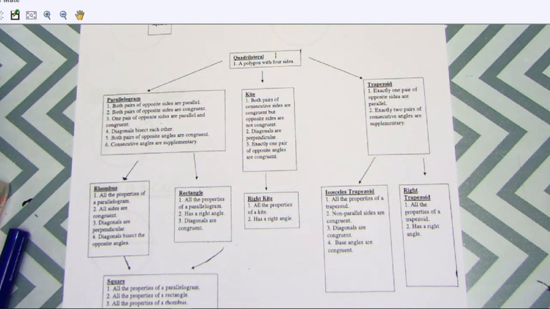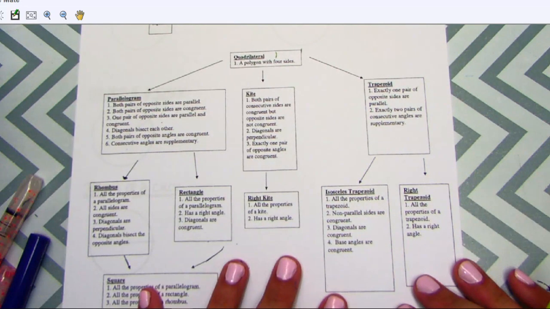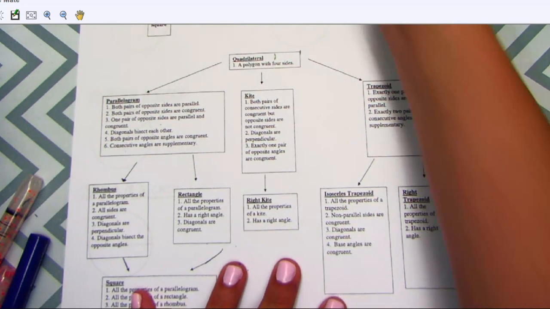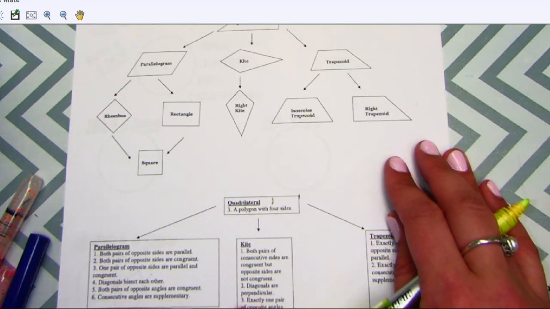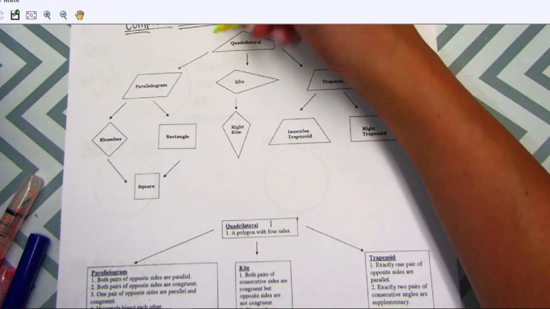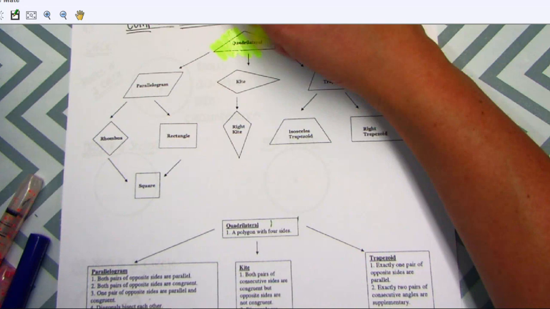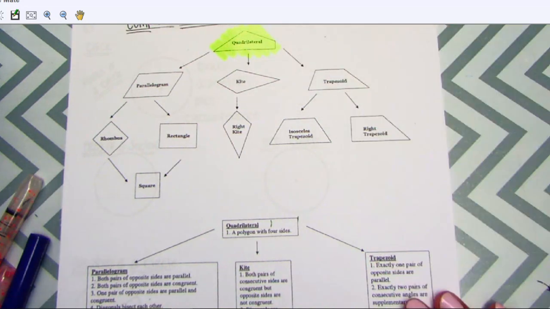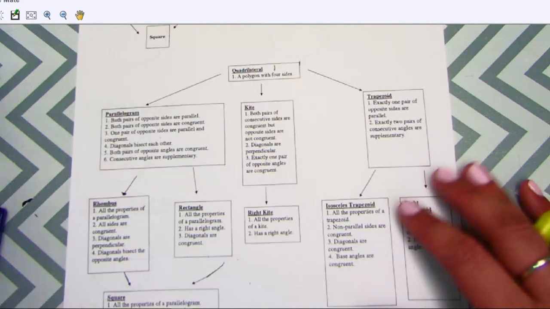So the first property, we're going to use all the colors. I'm just going to color in the top right here. It's going to be hard. This is a quadrilateral, so I'm just going to shade it in. That property corresponds down here, so I'm just going to keep it down here.